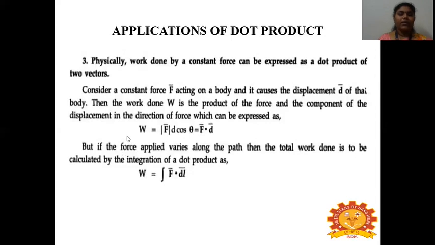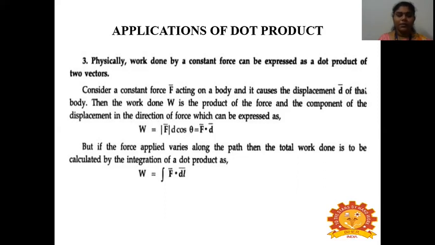The third application is physical: work done by a constant force can be expressed as the dot product of two vectors. If we consider a constant force F acting on a body causing a displacement of that body, then the work done is the product of the force and the component of the displacement in the direction of the force.